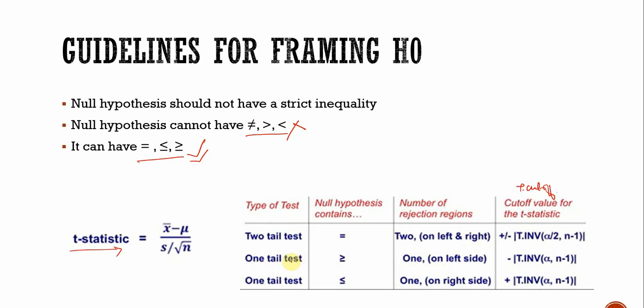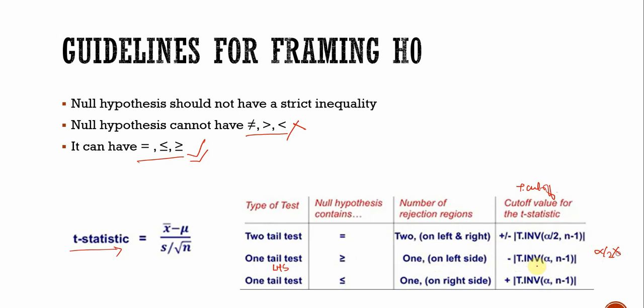Whereas for a one-tailed test, where the rejection region is towards the left hand side, you will use greater than or equal to. So the rejection region is on the left hand side, and here your cutoff value is minus T.INV alpha. Since the rejection region is just on one side, we do not write alpha by 2.